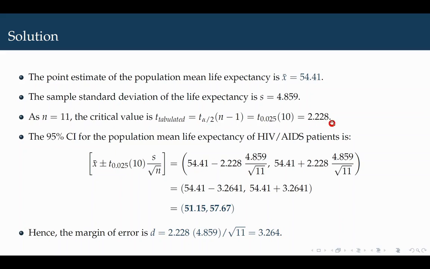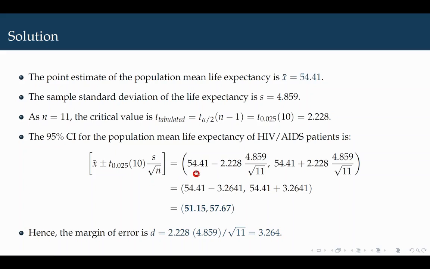So what we are going to do is, on this sample mean, we need to add the margin of error to obtain the upper bound, and subtract the margin of error to obtain the lower bound. So this is just x bar plus or minus t alpha over 2 with 10 degrees of freedom times the sample standard deviation divided by root 11.